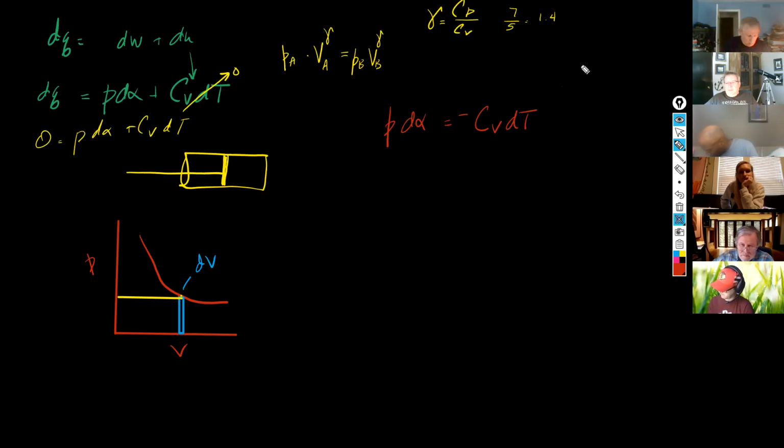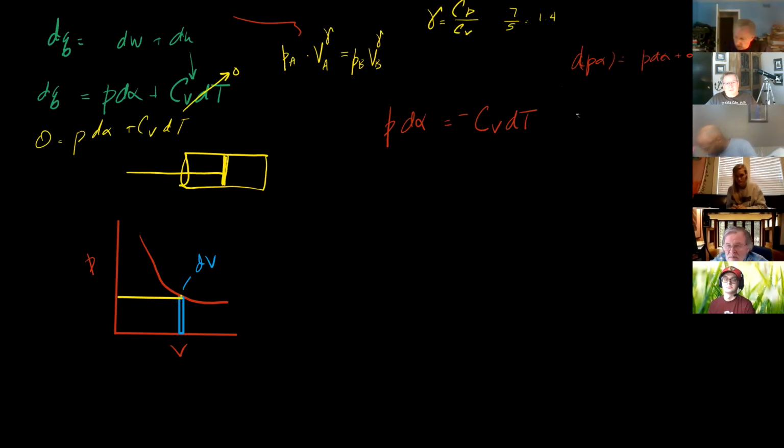But I know that d(P alpha) equals P d alpha plus alpha dP, right?